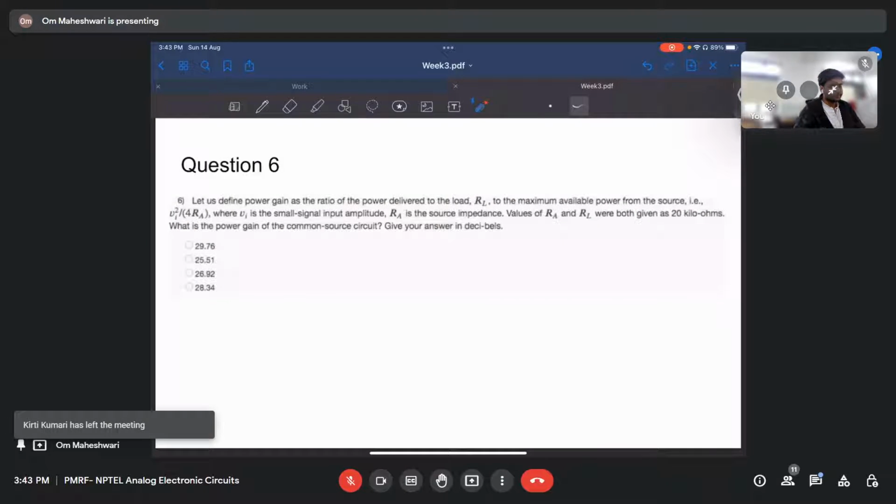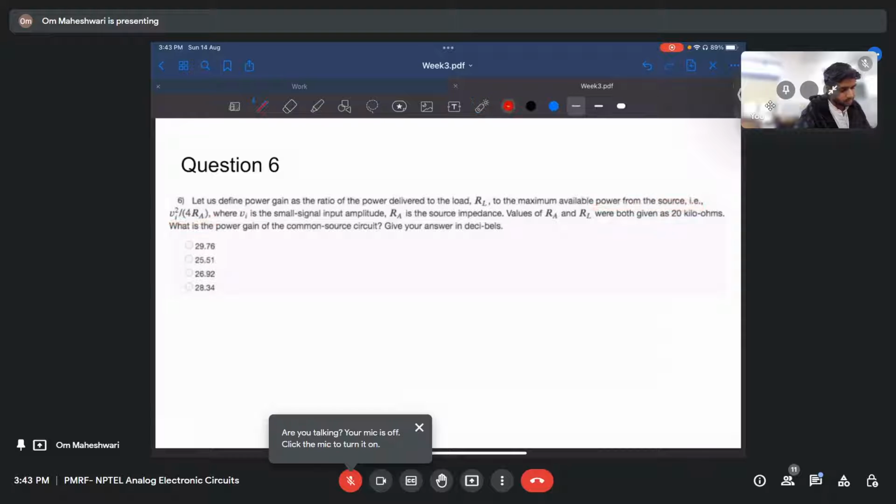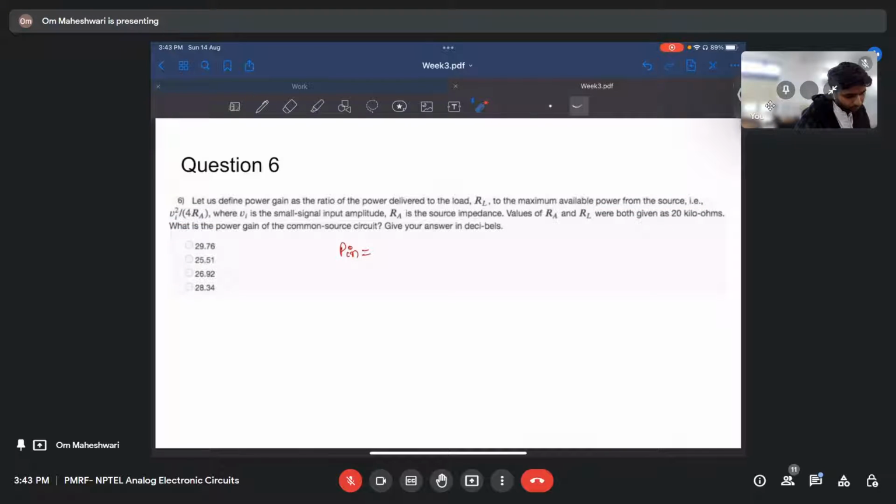Question 6. In question 6, we have to find the power gain. So power at load, that is output, and power available from source, that is input. Power available at input, let's say P in, equals V in square by 4 RA.